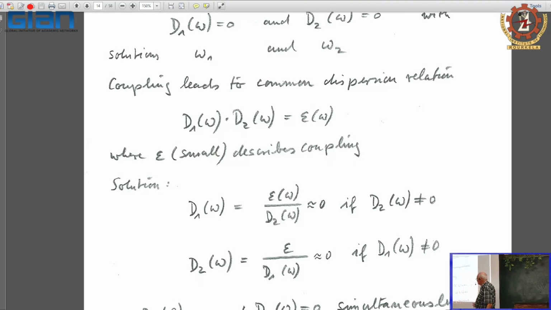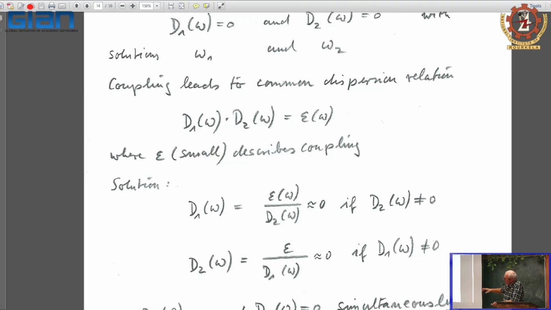The same is true for d2: if d1 is not 0, then d2 equal to 0 will be a solution for determining the eigenfrequencies omega 1 and omega 2.